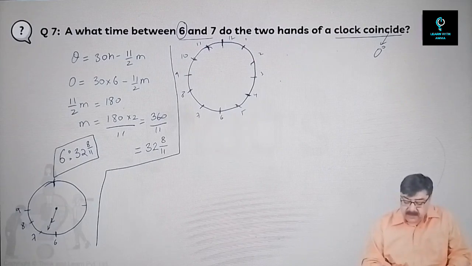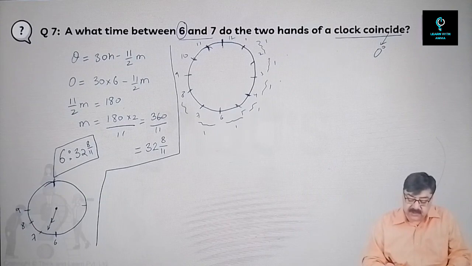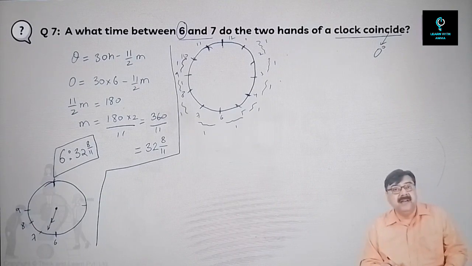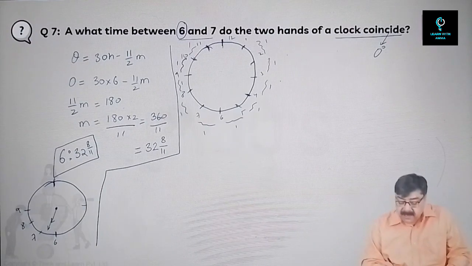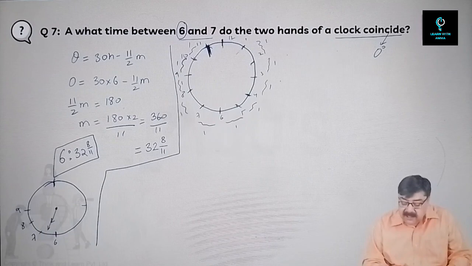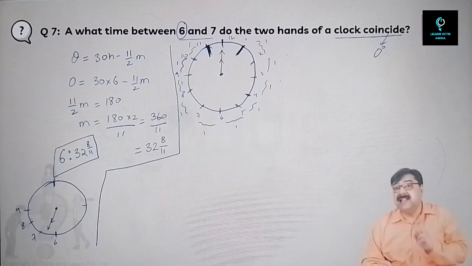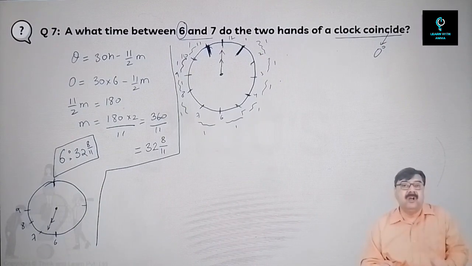Now, between 1 and 2, one time, 2 and 3, one time, and so on, every time here, in each of these hour divisions, you would find that the two hands are coinciding once or forming 0 degrees angle once. But between the time frame 11 to 1, the two hands of a clock form 0 degrees angle exactly in between, that is at 12 o'clock.